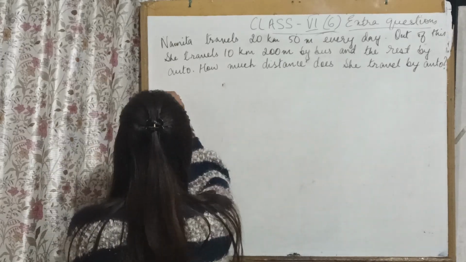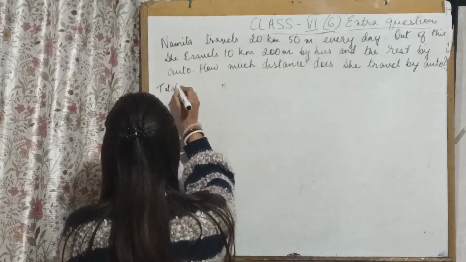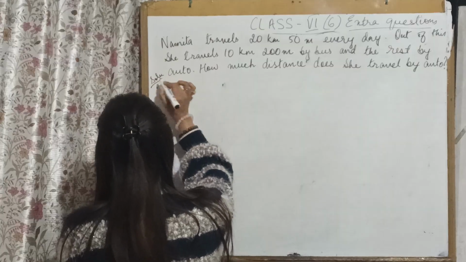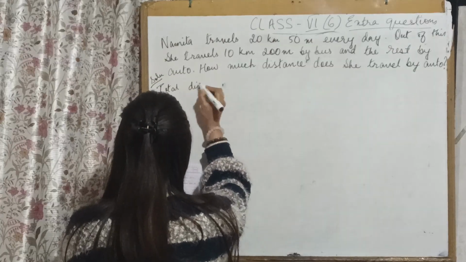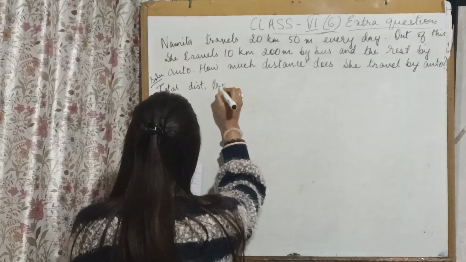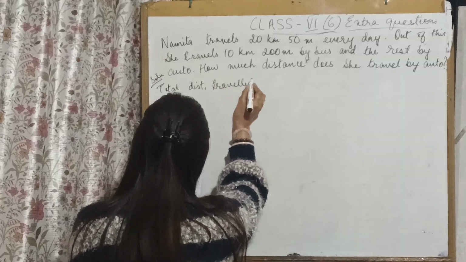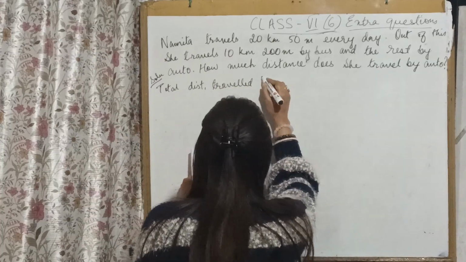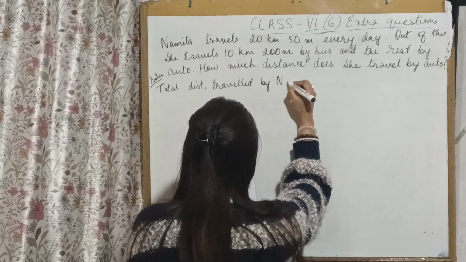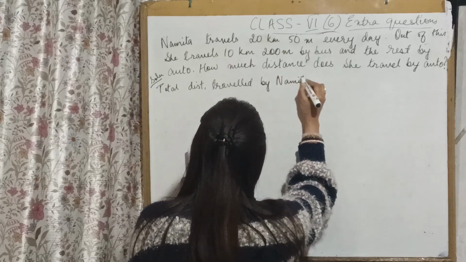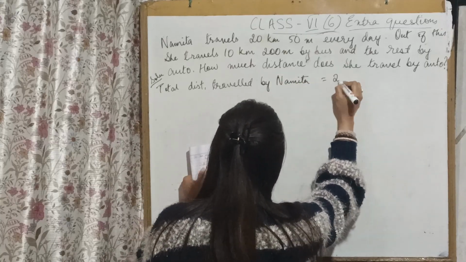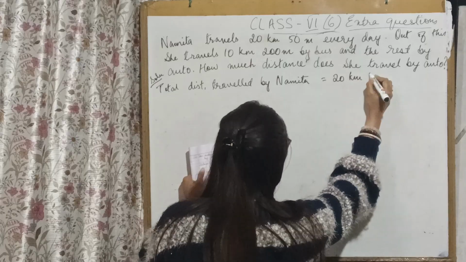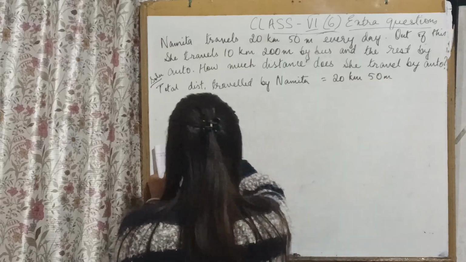So let's first write down total distance traveled. I'm writing in short form. Please do understand. Distance traveled by Namita is equal to 20 kilometer 500 meter.